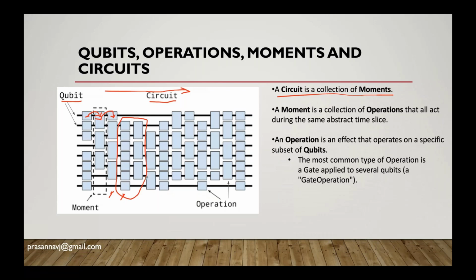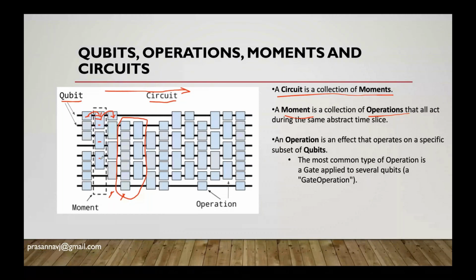So a circuit is a collection of moments, and a moment is a collection of operations. Here, in this moment, we have three different operations happening on the qubits.